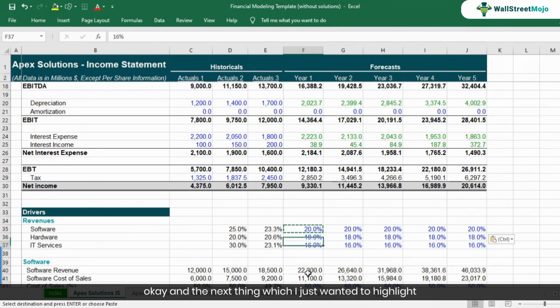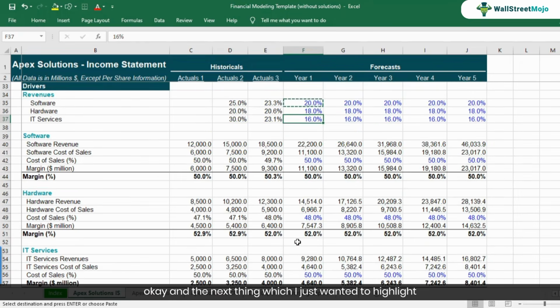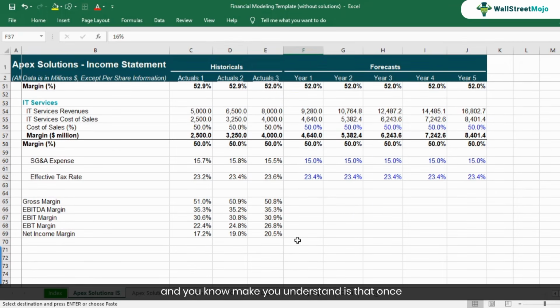The next thing I wanted to highlight is that once you complete the financial model, you should also try to do some analysis on how future financials are going to look, for example, when it comes to profitability. The profitability was 50.8, 35.3, with the respective items here.